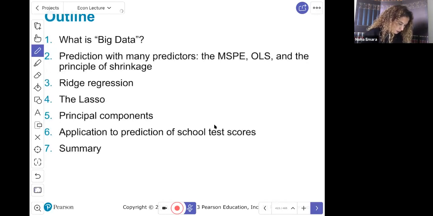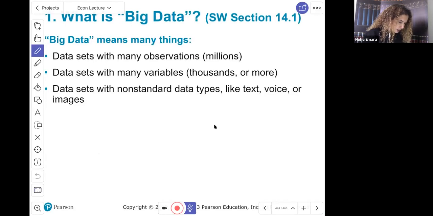Okay, so as I just said, big data could be many observations, and you think about observations in terms of the y, how many equations, or it could be in terms of how many variables. By variables I mean the columns, which are the x's. And then it could be other types of data that we haven't dealt with in this course.